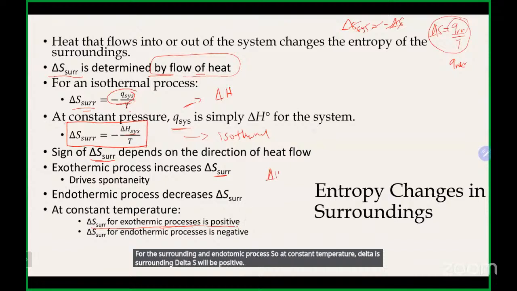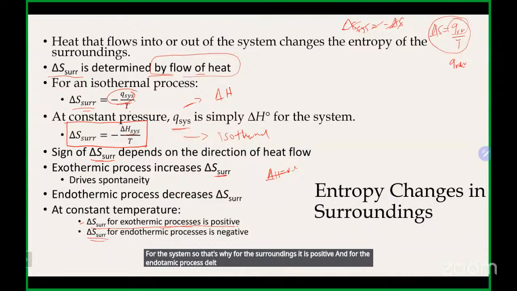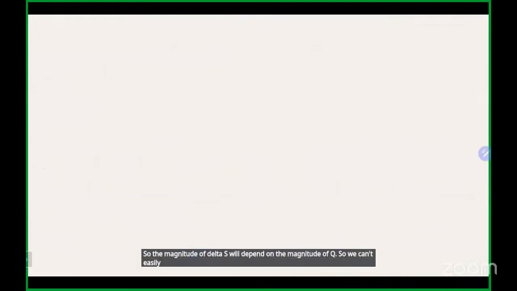Recall, delta H is negative for an exothermic process for the system. So that's why for the surroundings, it is positive. And for the endothermic process, delta S surrounding is negative. So the magnitude of delta S will depend on the magnitude of Q. So we can't easily state that.